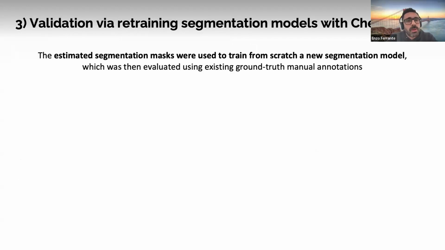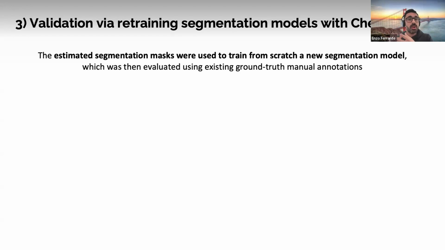And then there was a third validation strategy, that was simply, okay, we can use the segmentations we estimated in the whole, for example, CheXPert dataset, to train a new segmentation model and then go back and segment images for which we have ground truth segmentations. In that way, it's like taking this RCA idea to the population level. We will estimate a dice coefficient for the whole population, for the whole dataset.